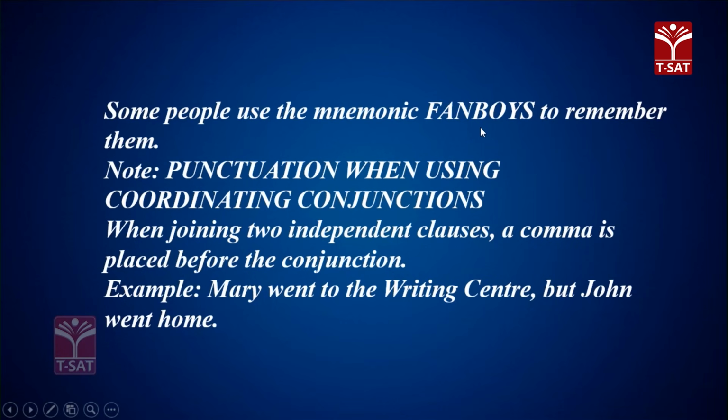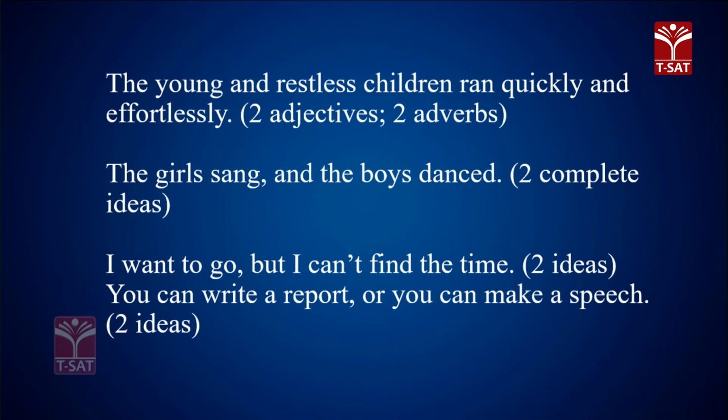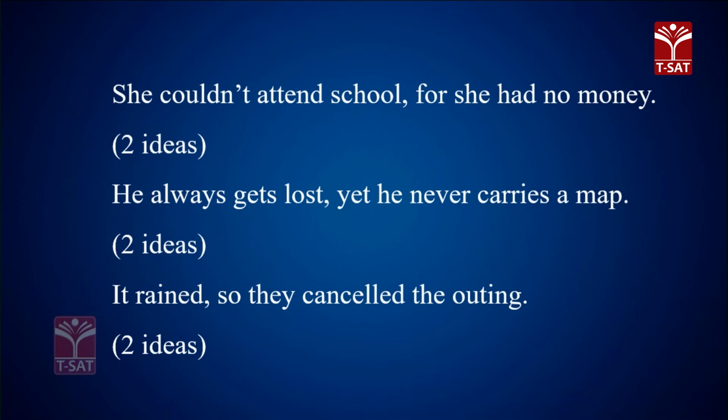You take the first letters of for, and, nor, but, or, yet, so, and you will have a word called fanboys. I have given you fanboys to remember them, right? So, this is one thing that you have to remember about coordinating conjunctions. I gave you some examples also about two verbs, two nouns, two prepositional phrases, two adjectives, two complete ideas, and so on.